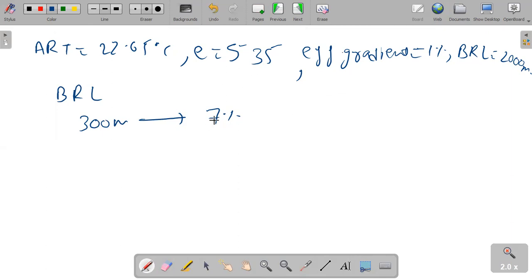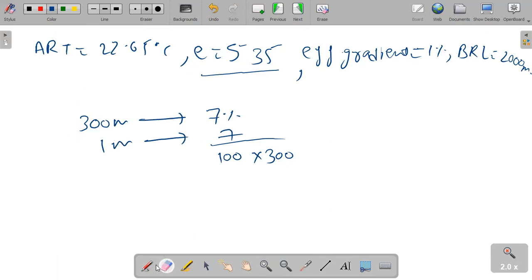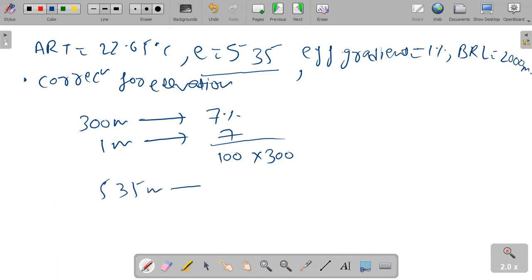So for 1 meter it is 7 by 100 into 300, and for 535 meter, it will be 7 by 100 into 300 into 535 meter.